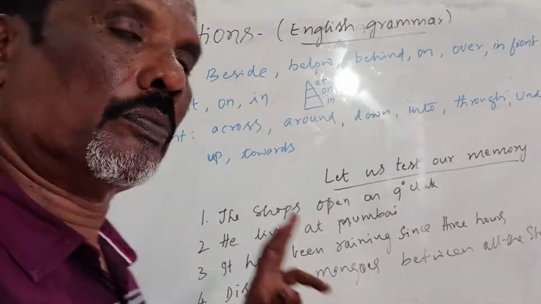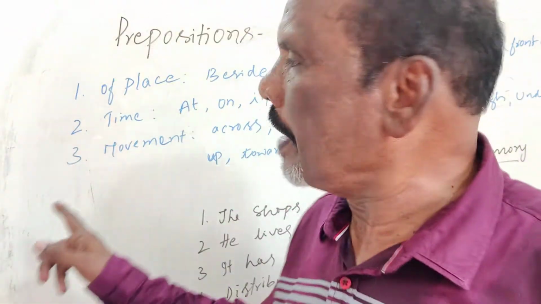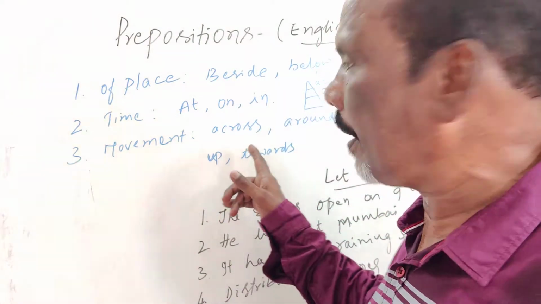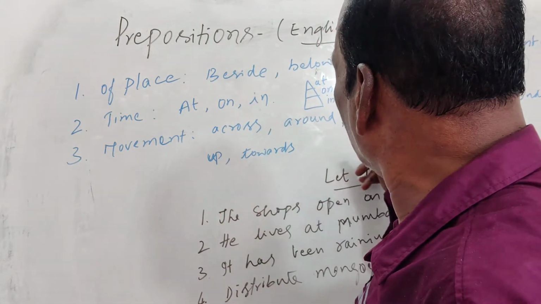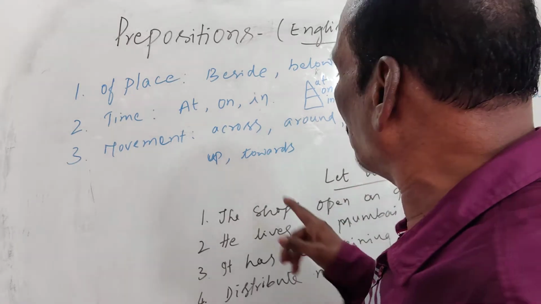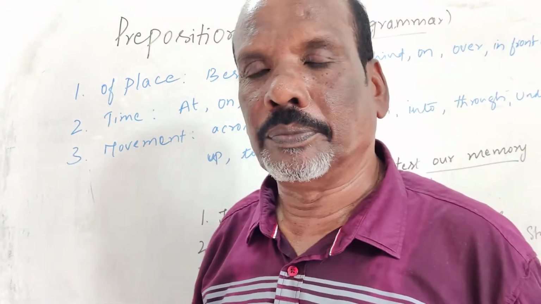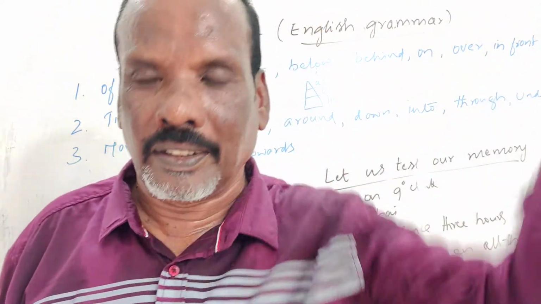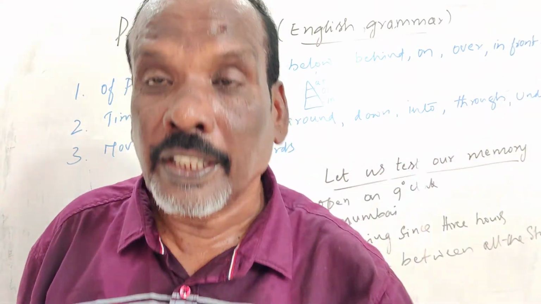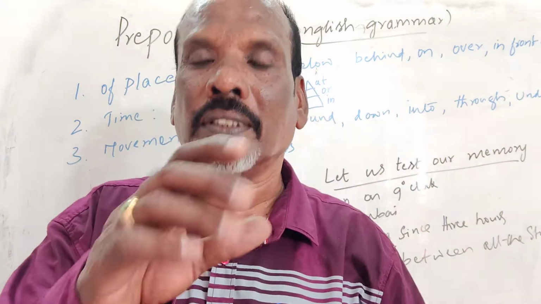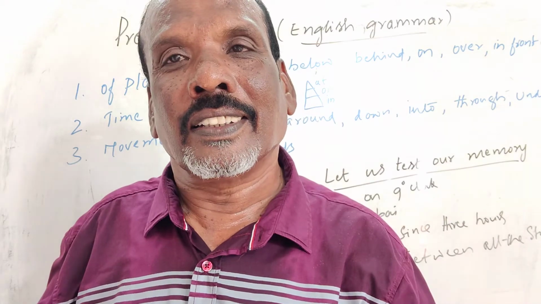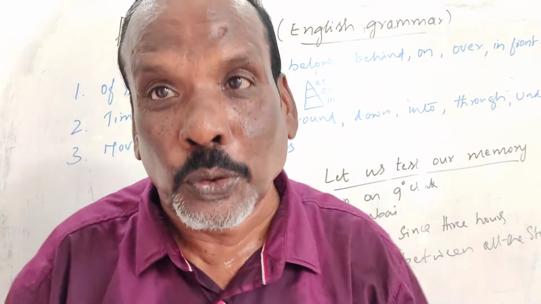Coming to the prepositions of movement. Some of the examples are across, around, down, into, through, under, up, towards. He went up the hill. He came down from the hill. So up, down. And the train went through the tunnel.